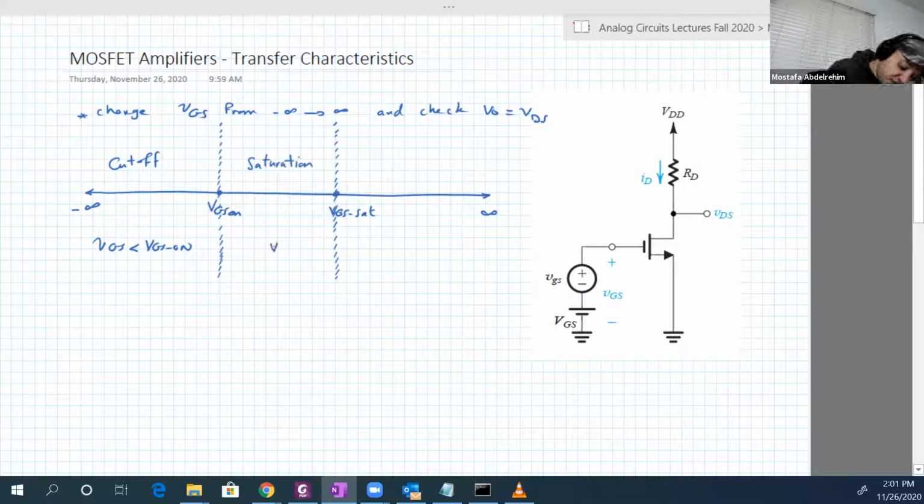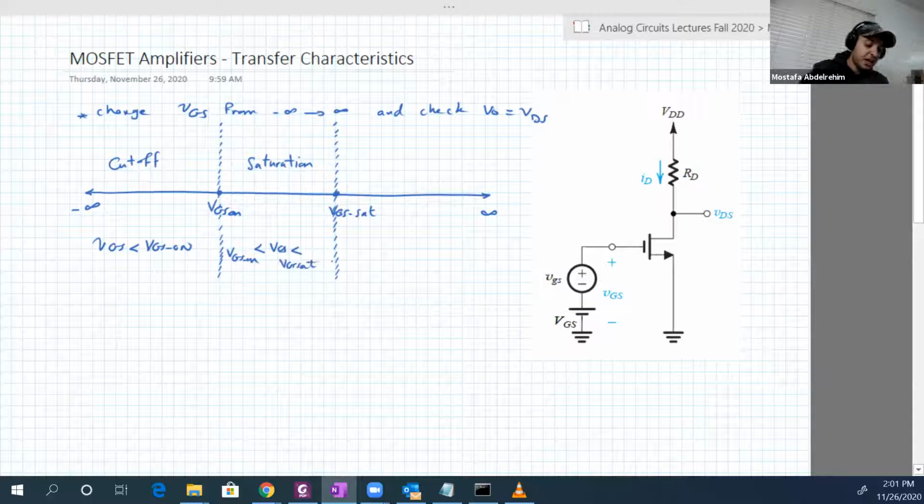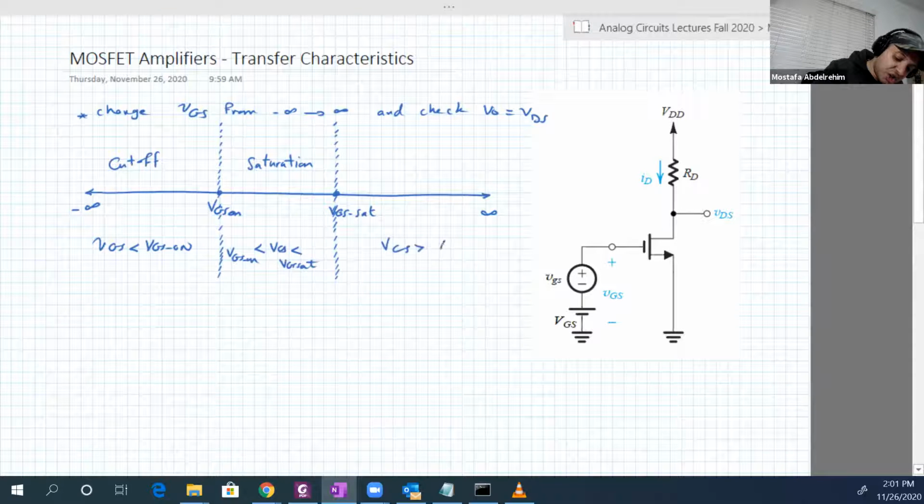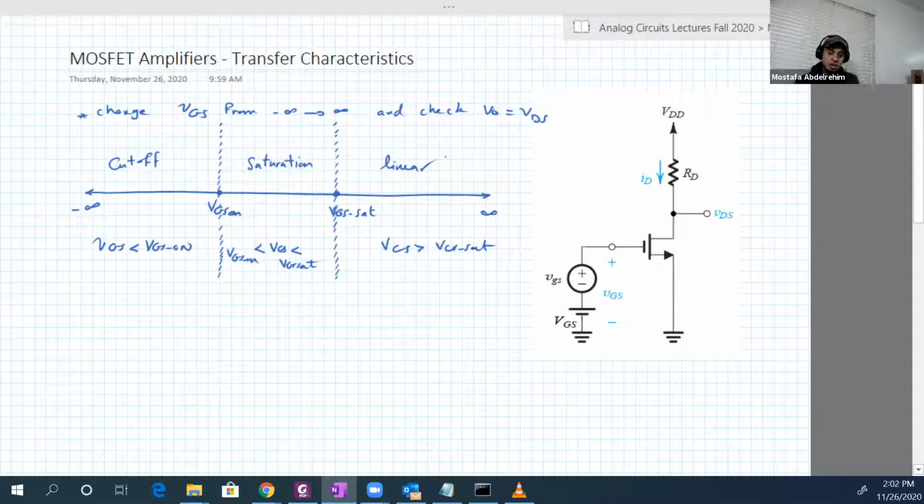So here VGS is larger than VGS on and less than VGS set. And for VGS larger than VGS set, we will work in linear. Okay, good.